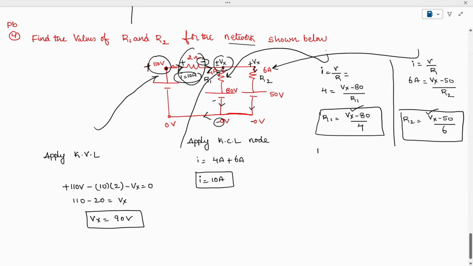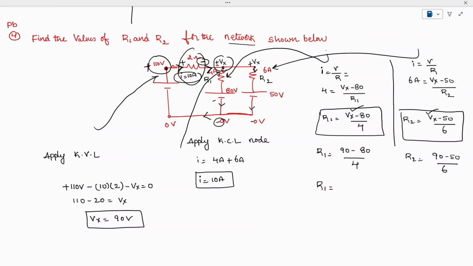Substitute the value of Vx here. Therefore R1 is equal to (90 minus 80) by 4. Next, the value of R2 is (90 minus 50) by 6. Simplify these values.